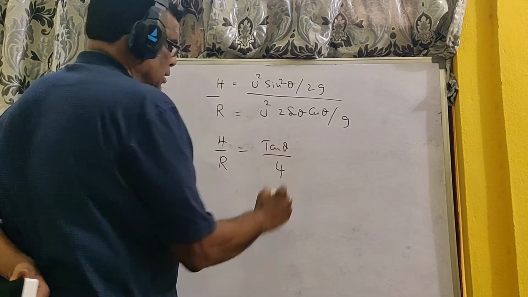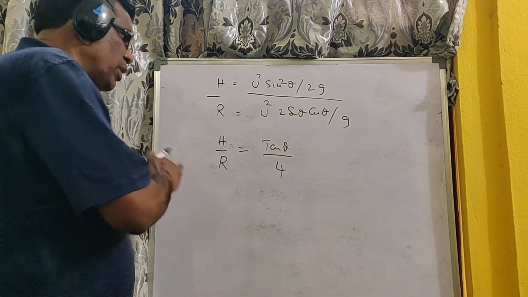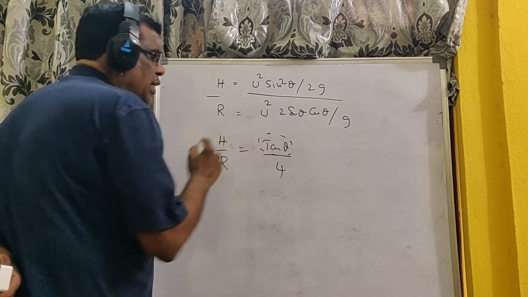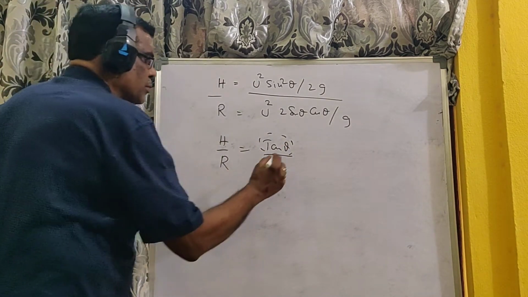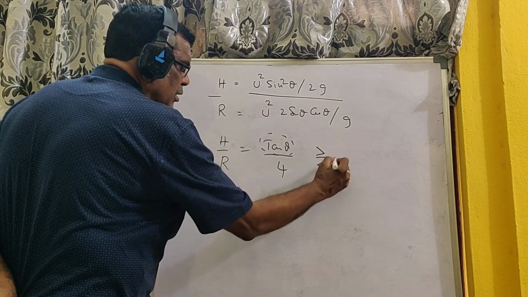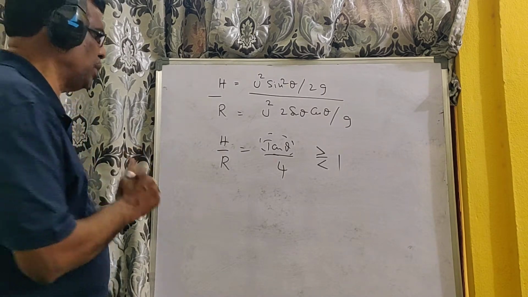This is tan theta by 4. Now this is very important here. For any symmetric projectile, tan theta actually takes any value from 0 to infinity. Therefore, this can be greater than, equal to, or less than 1. What do you mean by that?